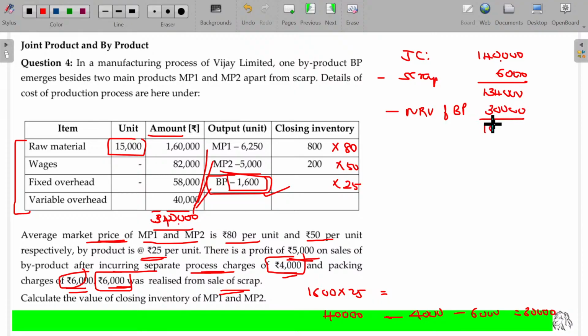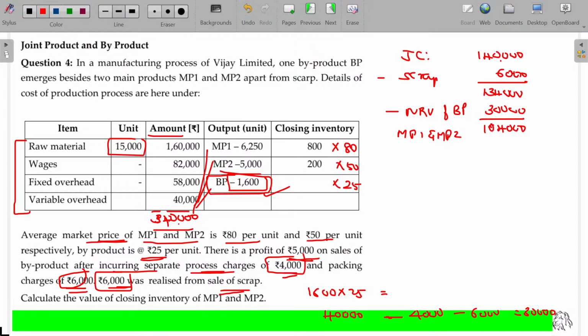After subtracting, 1 lakh 4,000 is the joint cost meant for MP1 and MP2. Is that clear? If only two products, no problem. Based on the sale value of these two products, you can segregate. Here we have the byproduct. We cannot equally segregate the cost to the byproduct also, not capable of absorbing that.